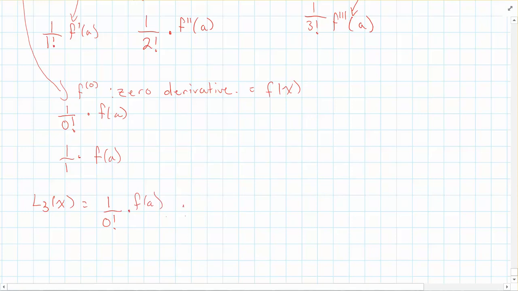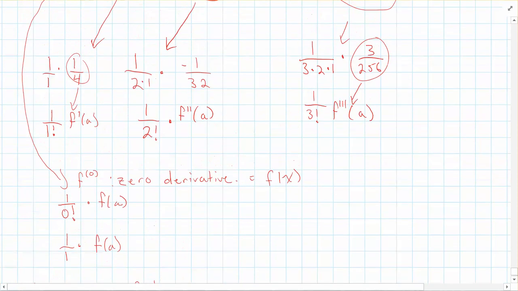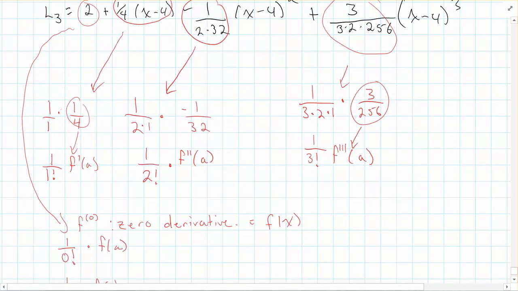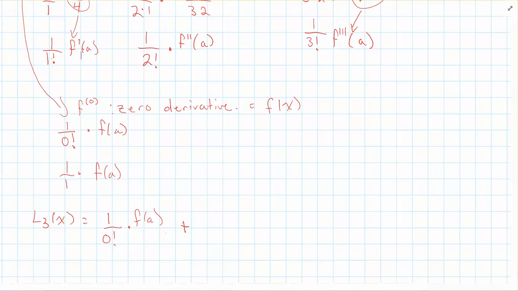Plus 1 over 1 factorial times f prime at a times x minus 4.